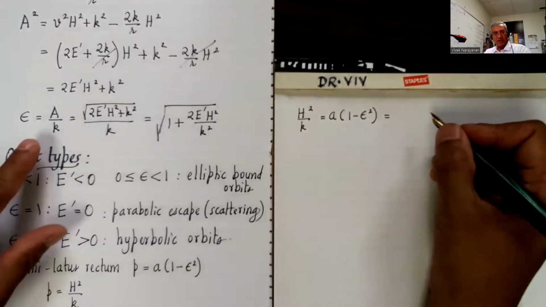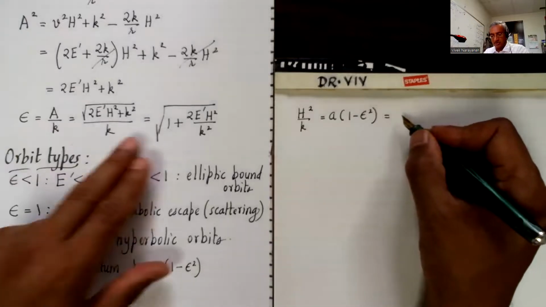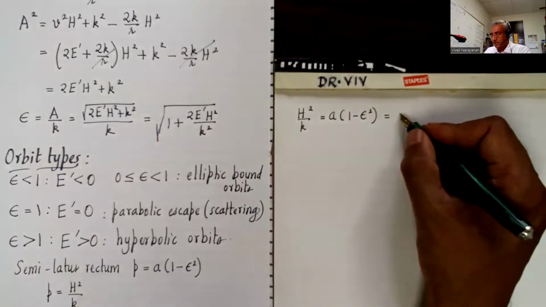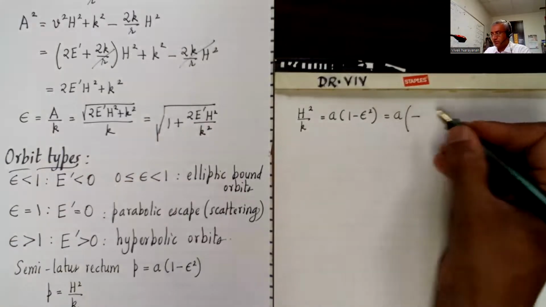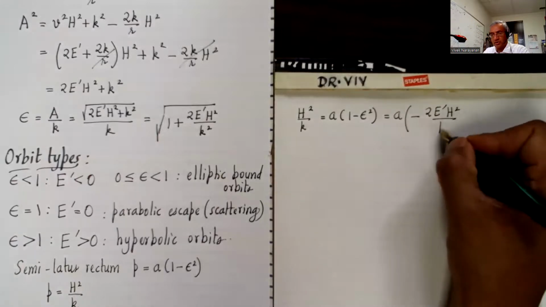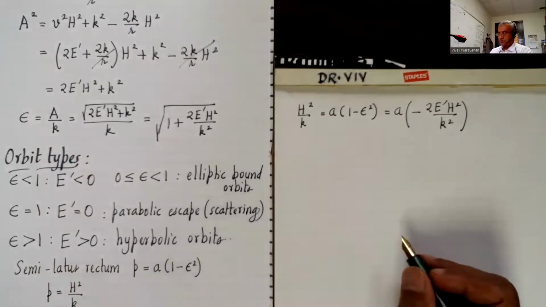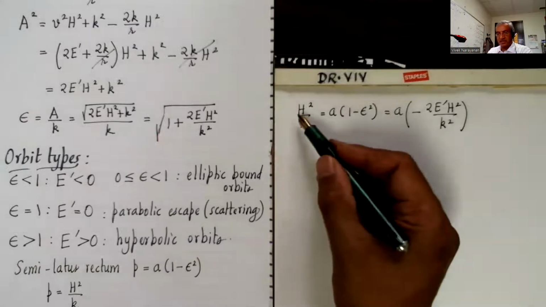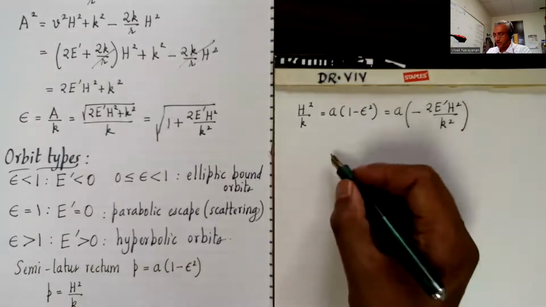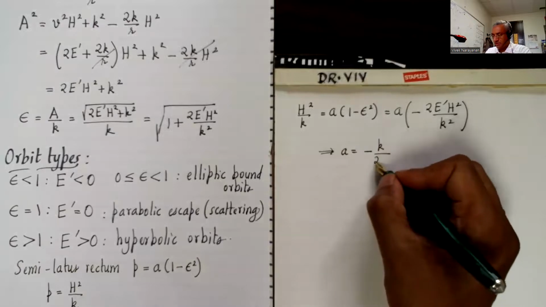Well, epsilon, meanwhile, is this. So 1 minus epsilon squared is just directly given by the negative of that quantity. So I'll write that directly: A times negative 2e prime h squared over k squared. Now I can cancel out the h squared on both sides and one factor of k from both sides, and I end up with a equals negative k over 2e prime.